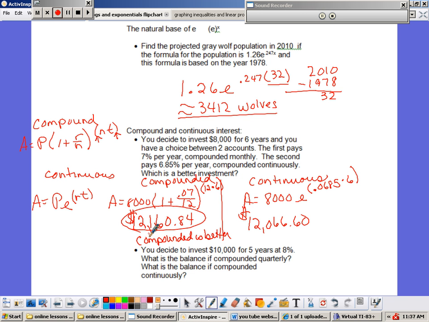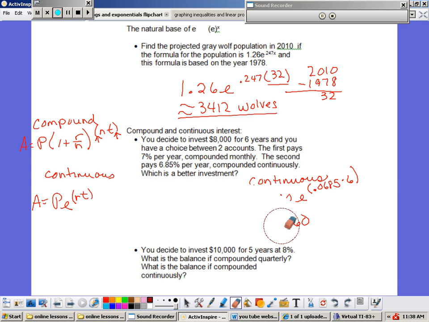Okay, you decide to invest $10,000 for 5 years at 8%. What is the balance if compounded quarterly? So I need the compound equation. And I want to do it quarterly.